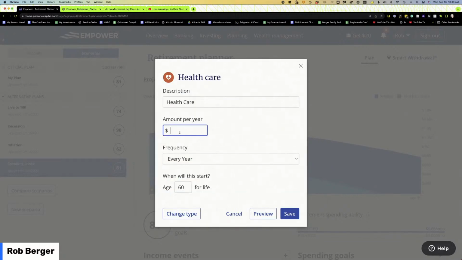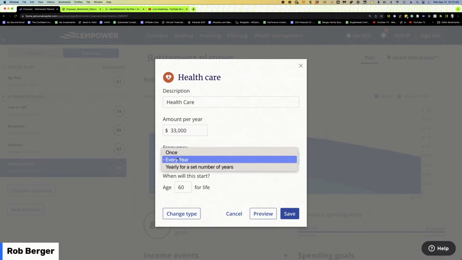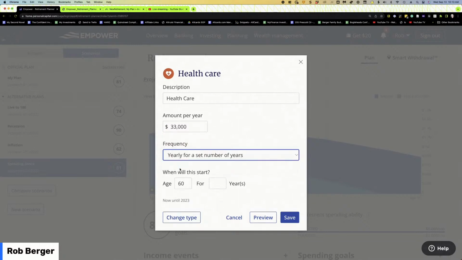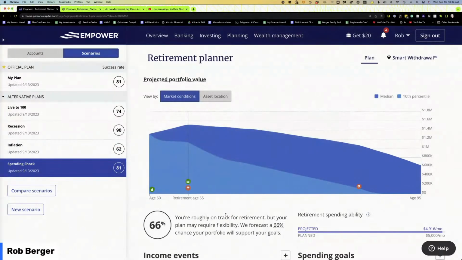And we can say, let's imagine we're going to hit a spending shock of $33,000 a year, yearly for a set number of years. So we'll say when we are 87 to 90. Obviously, you could put in any number of scenarios you want, but we'll do it with this one.